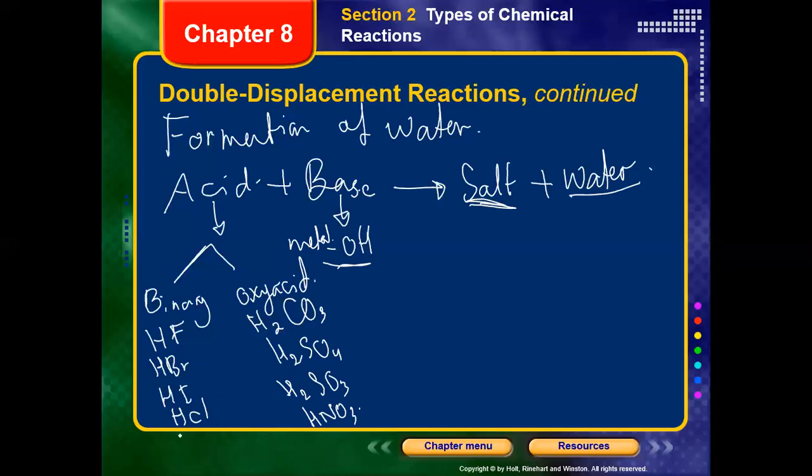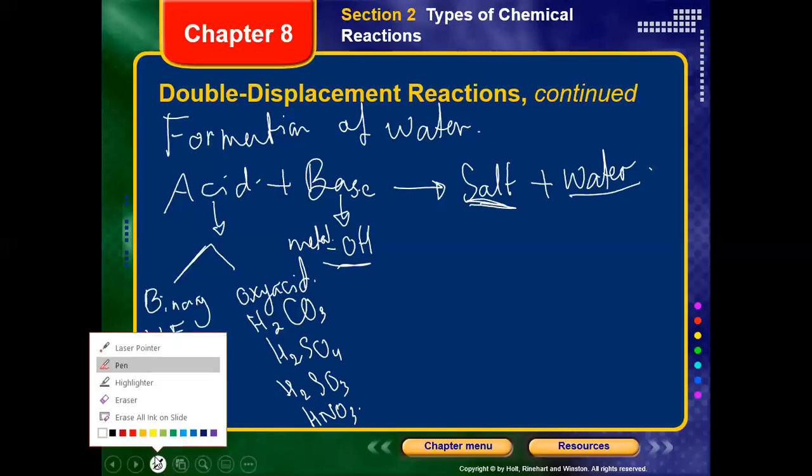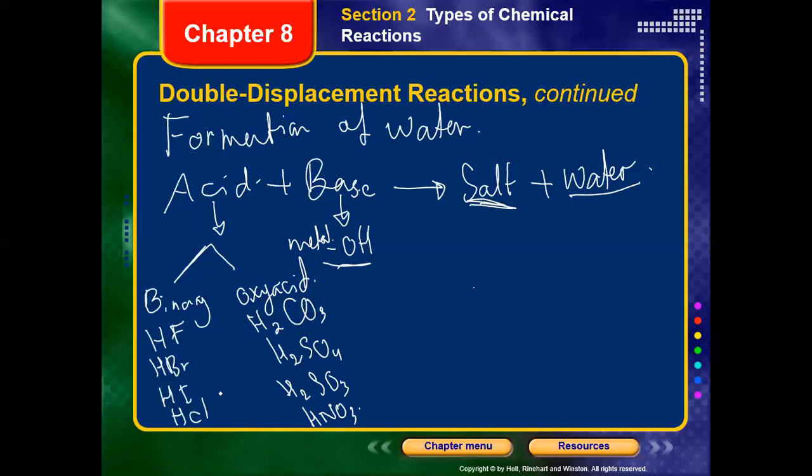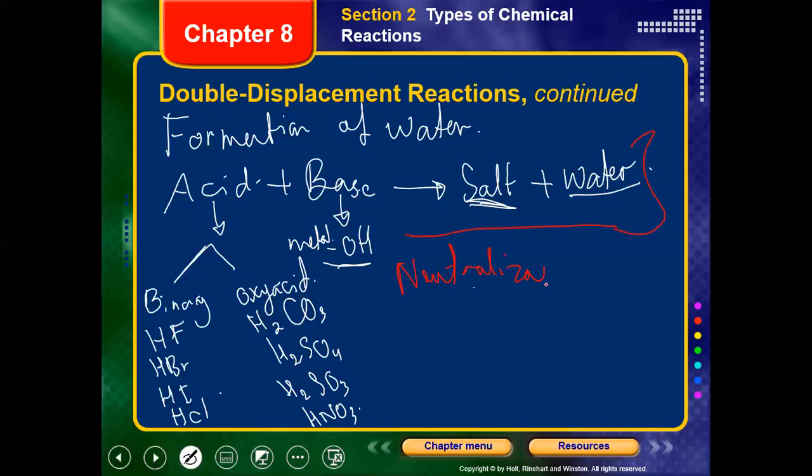By the way, this reaction is called a neutralization reaction. It's a reaction between acid and base producing salt and water.